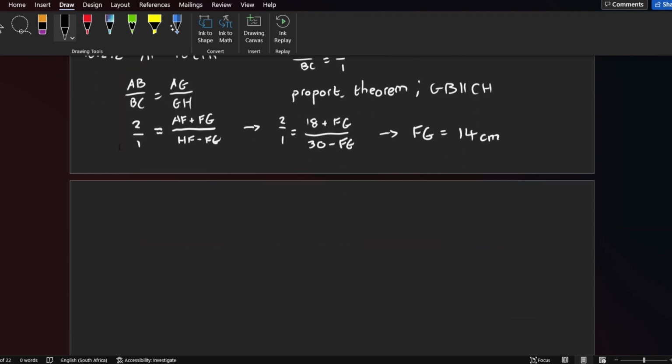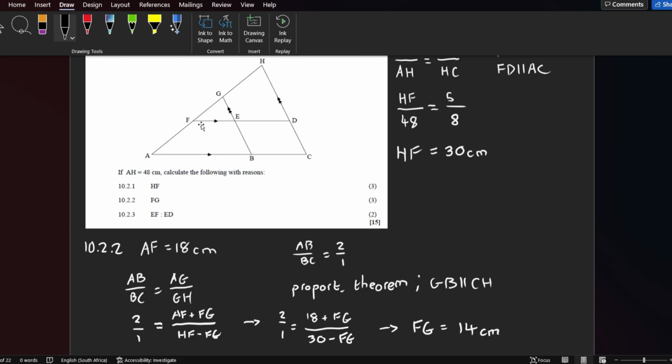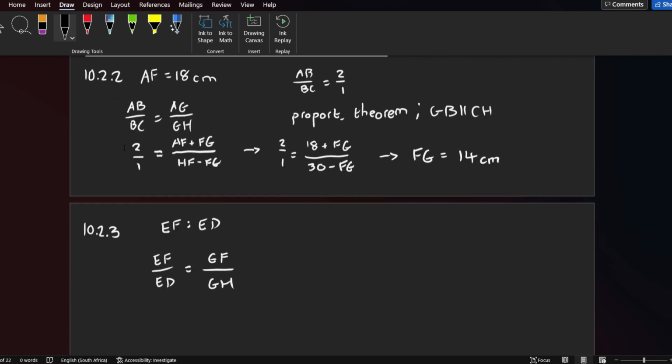So 10.2.3, we have EF. Remember, EF to ED is the same as writing it as a ratio, EF divided by ED. And that will equal GF divided by GH. So EF divided by ED is equal to GF divided by GH.